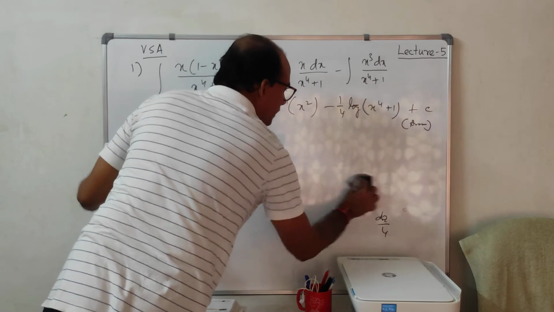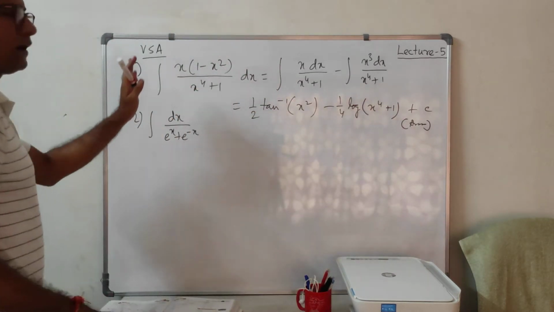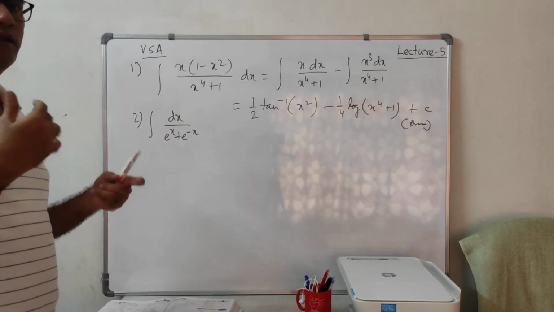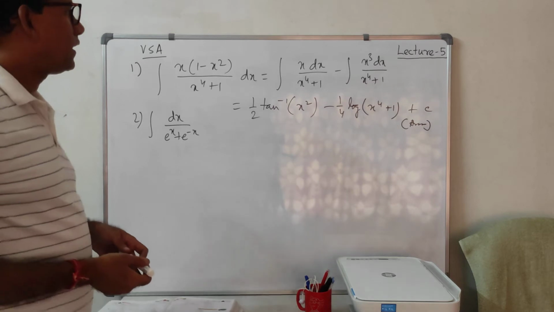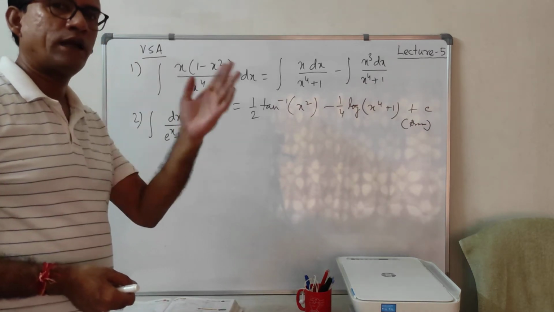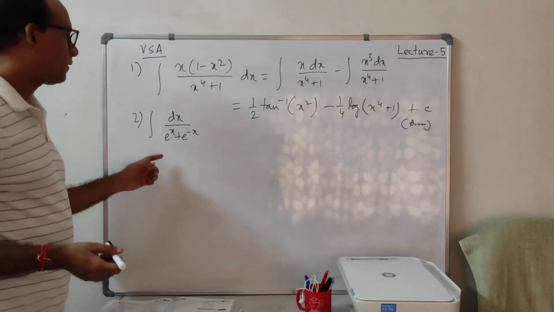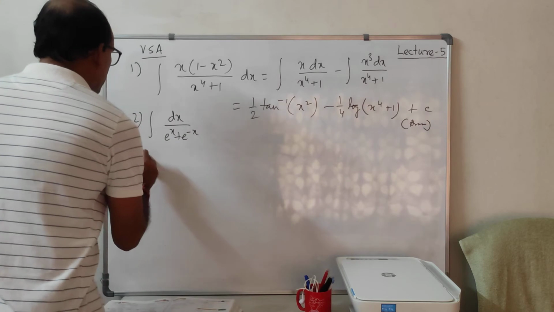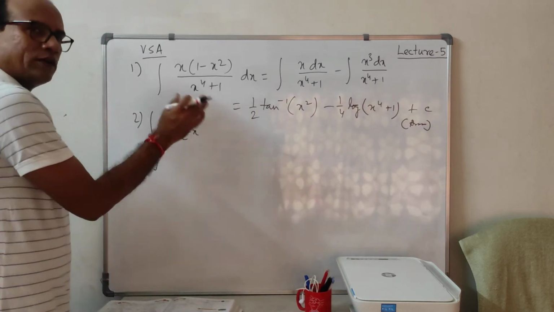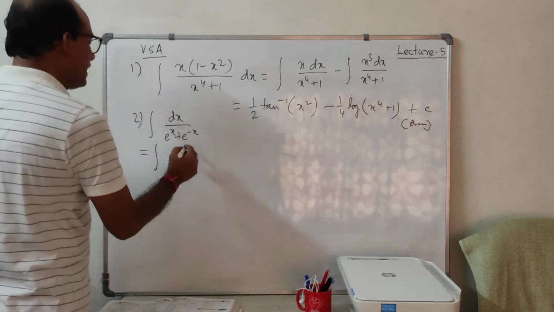So see, suppose I am solving a problem. I am solving an integral by taking some substitutions. You may solve that very problem by taking another substitution. It may happen. For this problem, now just write e to the power minus x. Instead of that, you may multiply numerator and denominator by e to the power x.